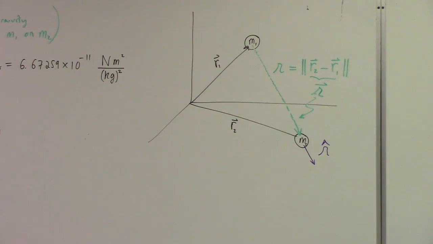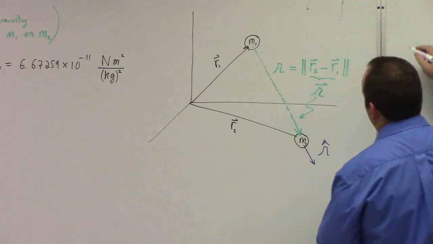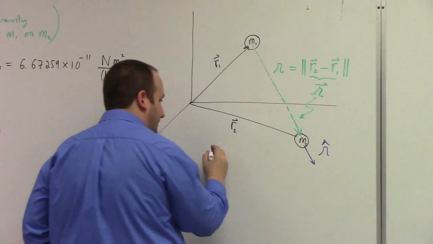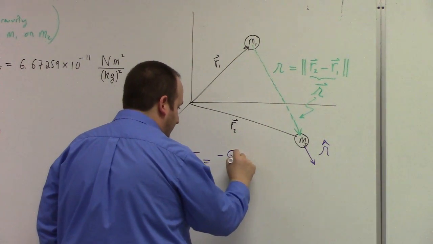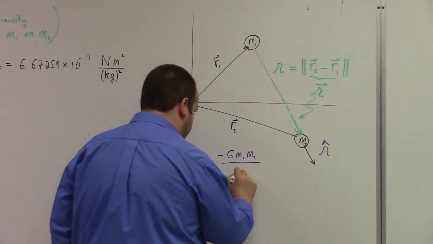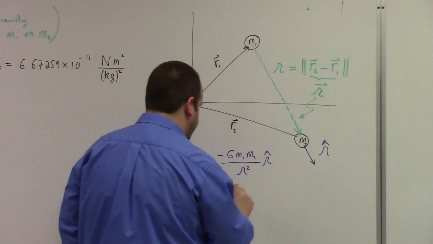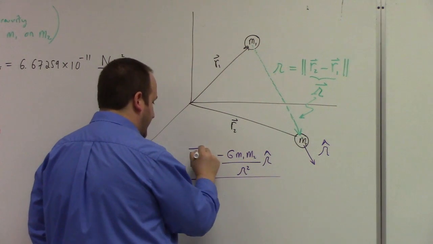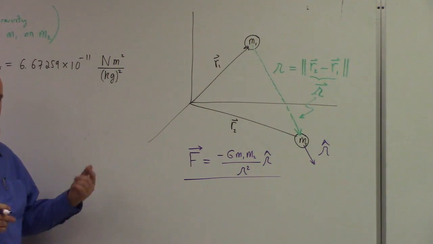Okay, so what's the formula for Newton's universal law of gravitation in this nomenclature? It's just F is equal to minus G m1 m2 divided by script r squared and then script r hat. There you go. And I can put a vector on it now because it is, after all, a vector. There it is.